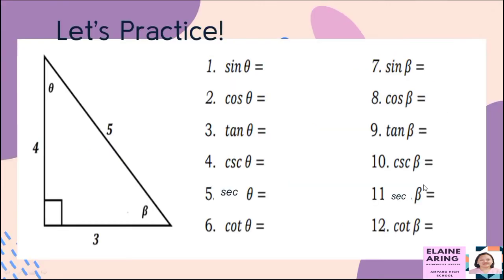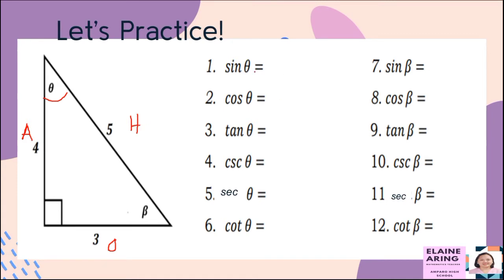So, SOHCAHTOA. For example, gaya neto, you have the given triangle with measurements 3, 4, and 5. Okay, so looking at the sine theta, ito yung angle na pinag-uusapan. So, ibig sabihin, ang opposite niya is ito, ang adjacent niya is 4, and then our hypotenuse is 5.